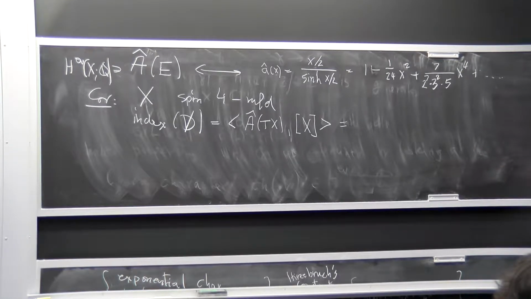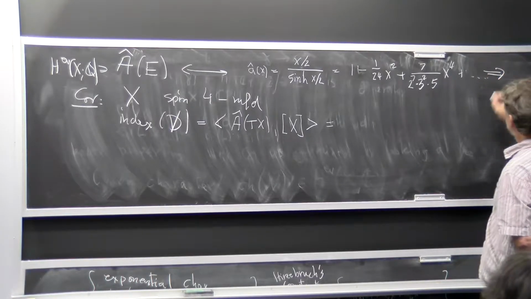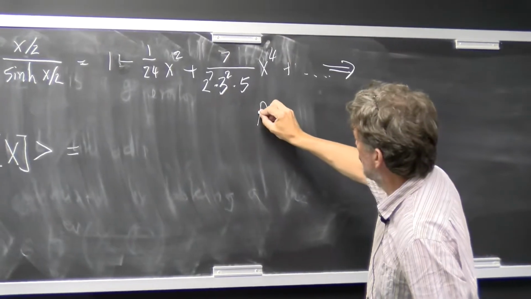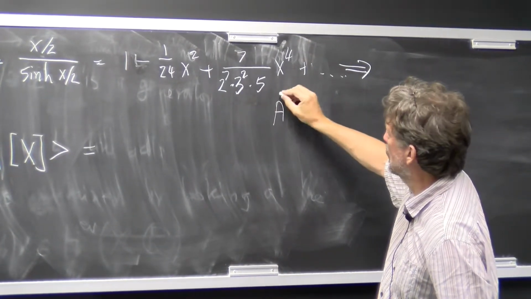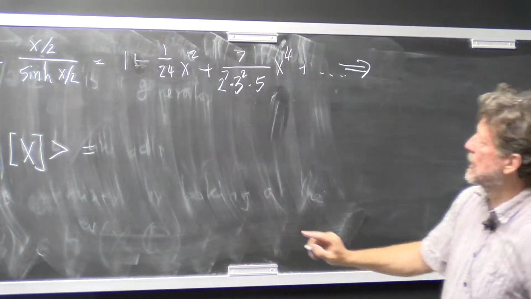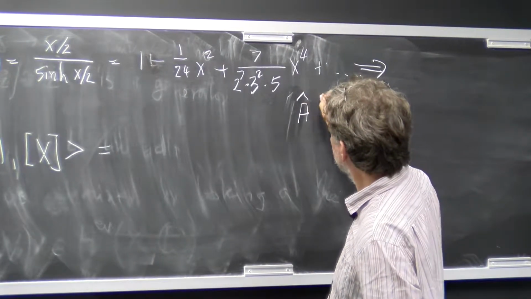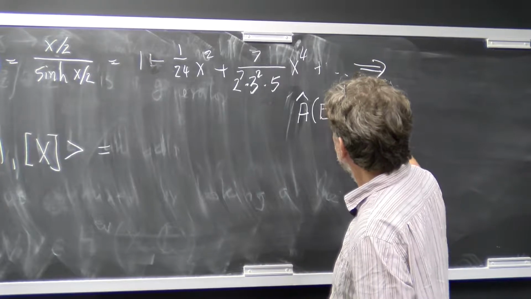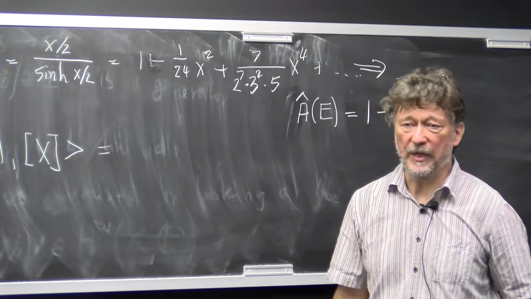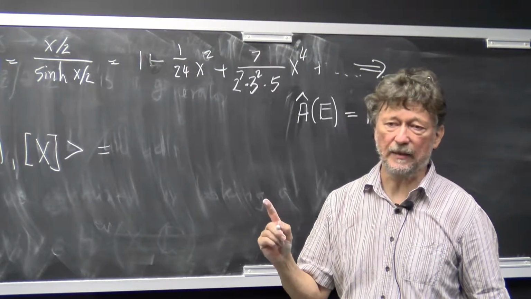Oh, and that's something I should have written down before. Maybe I'll write it down here. Let me deduce from this the following. So suppose that you want the A-roof genus. So that implies that the A-roof genus of any vector bundle E is equal to 1 minus, and this term is a 4-dimensional term, so it will only depend on the first Pontryagin class of this bundle.